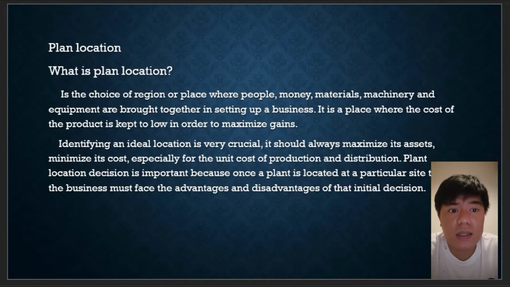It is a location where product costs are maintained as low as possible to maximize profit. So that's all. And the next, finding the perfect location is vital. And it should always maximize its advantage and minimize its cost.